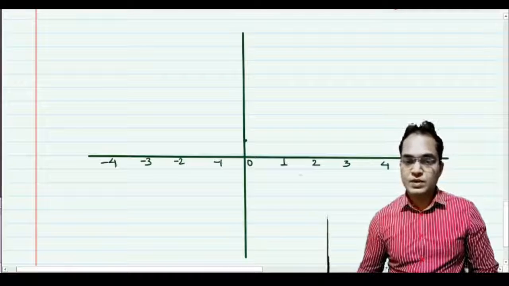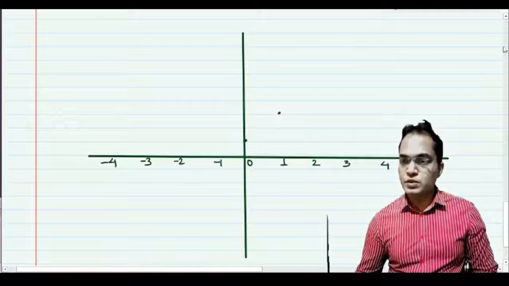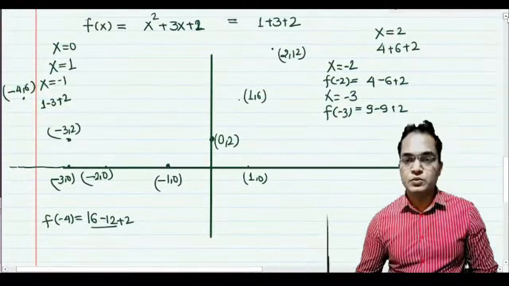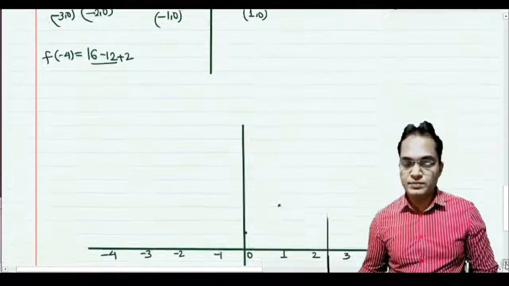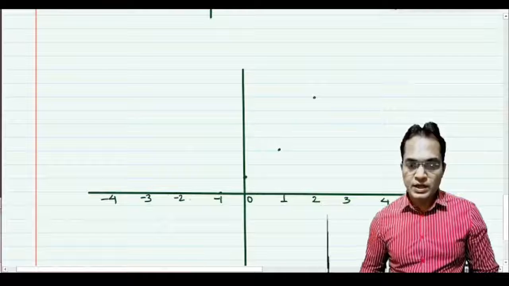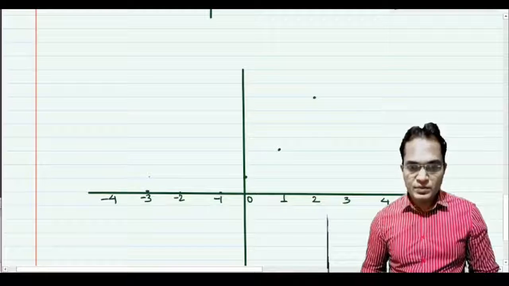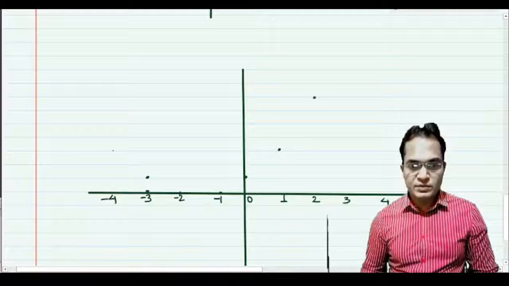Then at 1 the value is 6. And at 2 the value is 12, you recall. Here suppose 12, and at -1 it is 0, and again at this point it is 0, and again at this point it becomes 2, and at this point it becomes 6.